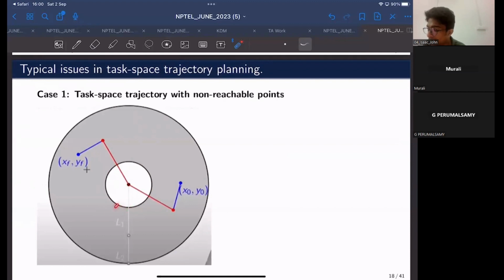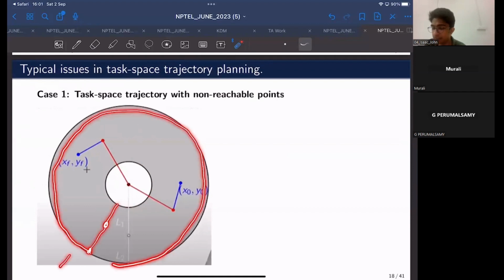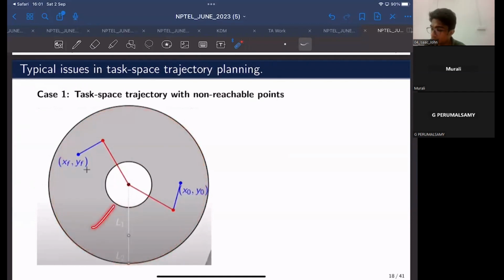And if the arm is fully stretched, this is the first joint, this is the second joint. This circle is the maximum extent the arm can go. It cannot go any further than this. So this would be the workspace of this robot.